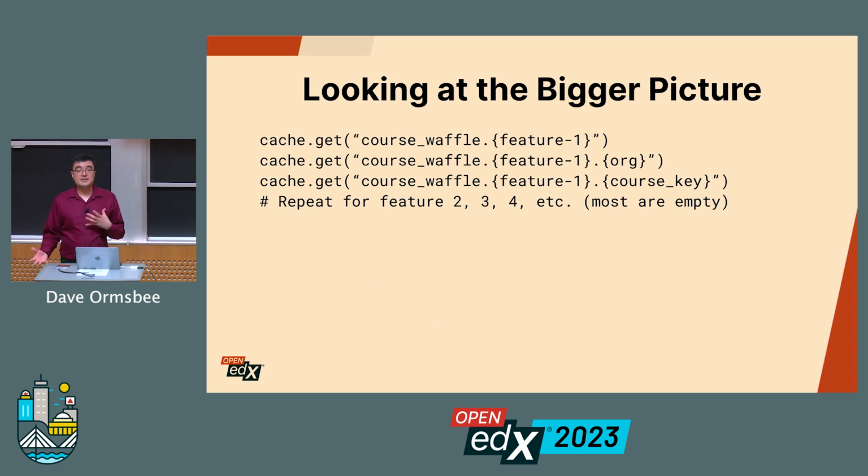Looking at a very simplified version of the course waffle flag situation, we have 3 types of course waffle flags here. One for features, the second one for org level overrides of feature flags, and then the third one for course level overrides of feature flags. And then you can imagine each time through the loop, different parts of it are asking for those 3 keys over and over again for however many features you have.